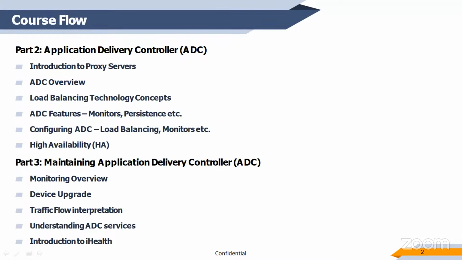In part 2, we will take a review of proxy servers. There are forward proxy, reverse proxy, half proxy, and full proxy. This will be just a basic overview and introduction to proxy servers.